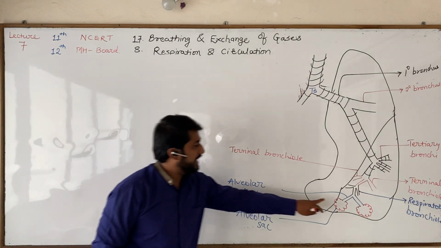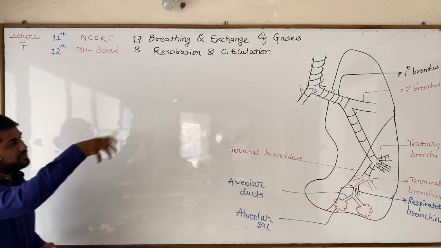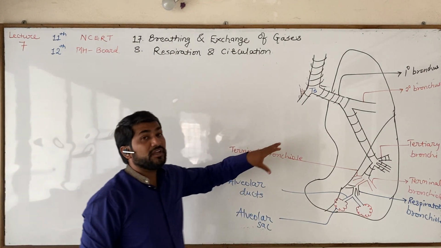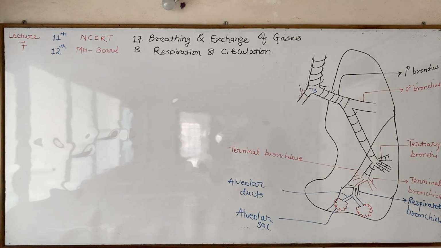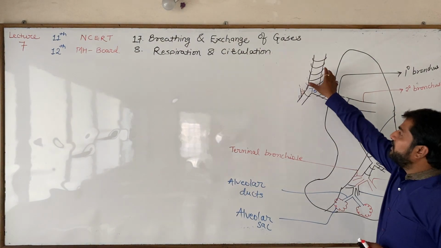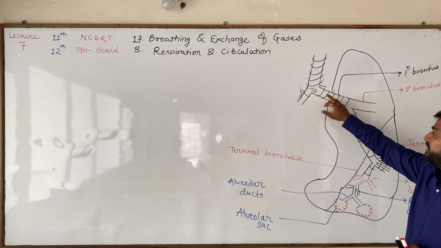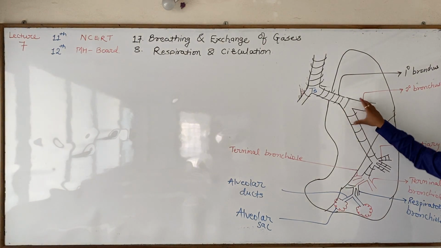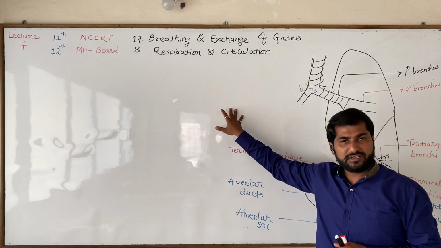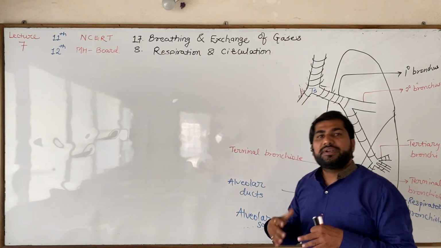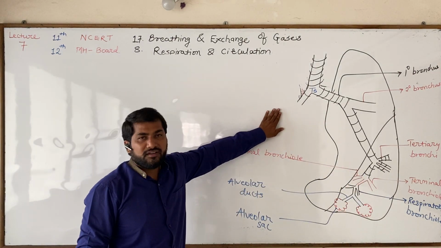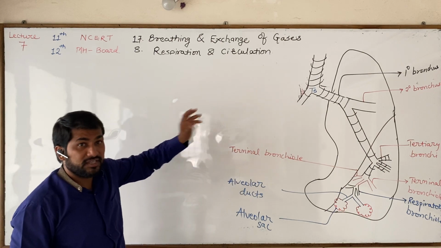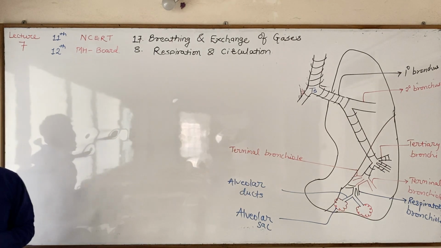So this is also said to be the internals of bronchi, in which the primary bronchus divides. In the right lung also the same structure is present, but the number is different. Primary bronchi in the right lung there will be 3, in the left lung there will be 2.